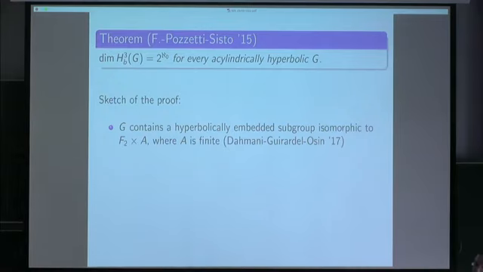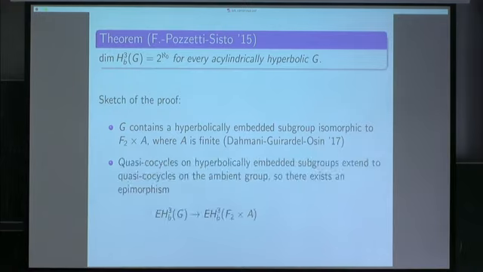So we can project the full group on cosets of the subgroup. We have coarse projections, but using these coarse projections, one can extend, this is the second step, quasi-cocycles on hyperbolically embedded subgroups to quasi-cocycles on the ambient group.